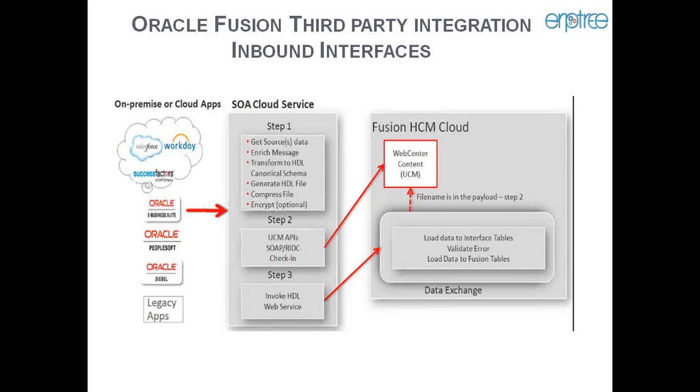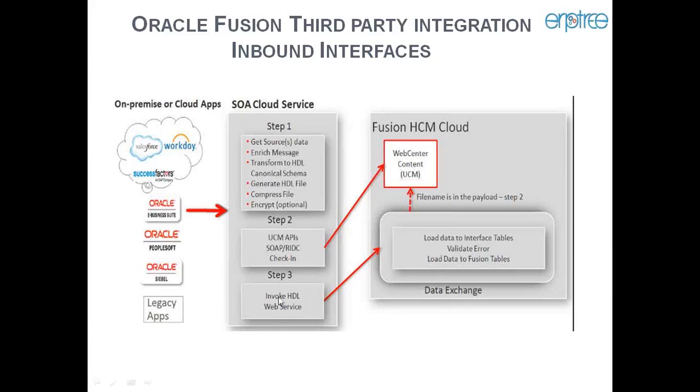Okay, and once we call this jar file, it places the file into the Web Center UCM, and once the file is placed into the UCM, we invoke the web services. There is a web service provided by Oracle through which we can invoke the HDL to load the data into the Fusion application.